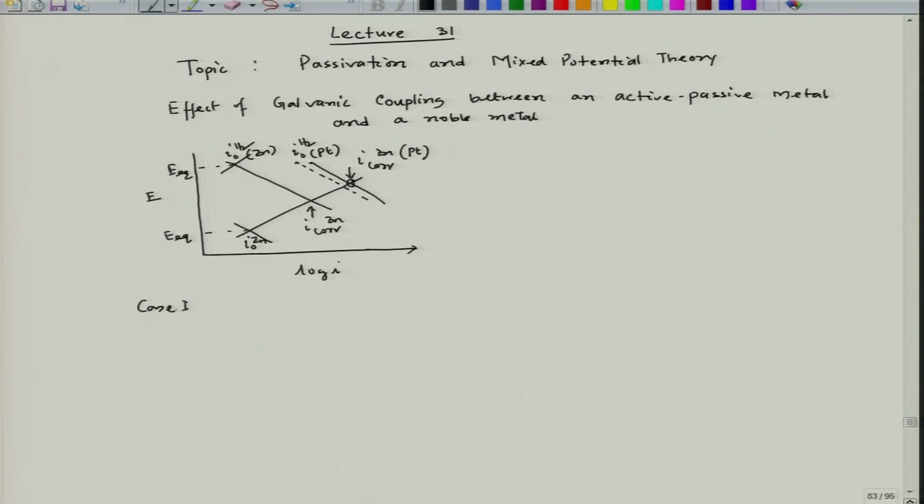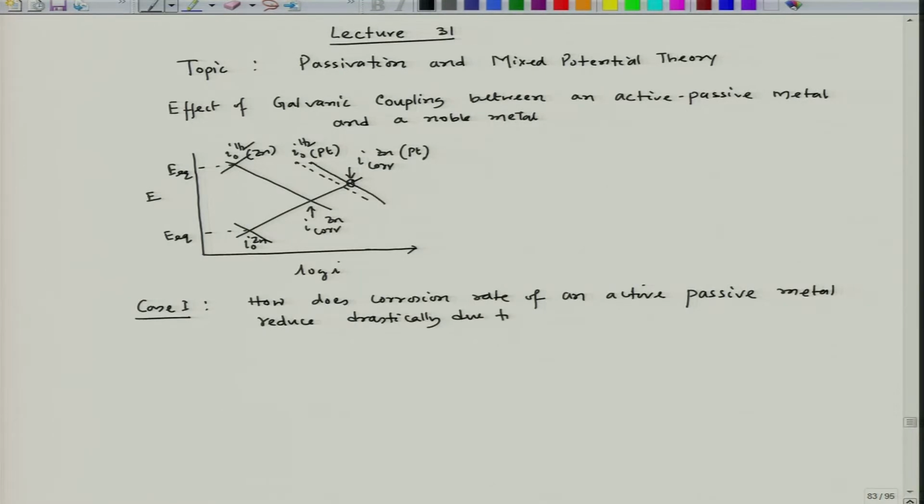So, in case 1, let us see how the corrosion rate of an active passive metal reduces drastically due to galvanic coupling with a noble metal.